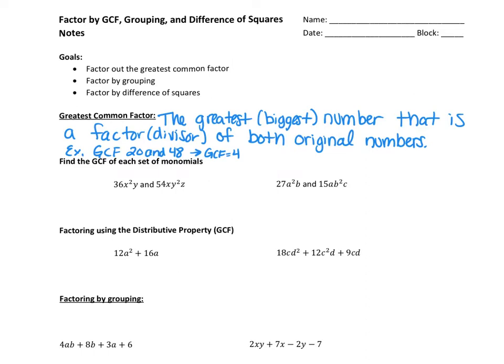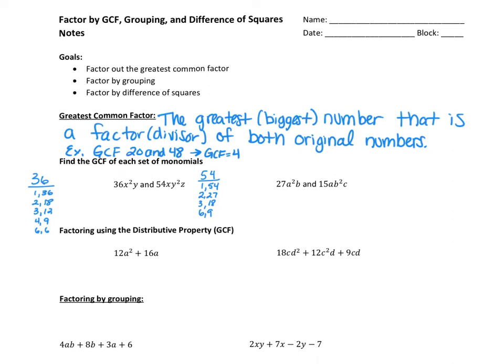If you're ever having trouble thinking of the greatest common factor, one trick that I use is I will make a little T-chart for each number. So if I have 36, factors of 36 are 1 and 36, 2 and 18, 3 and 12, 4 and 9, 6 and 6. Factors of 54 would be 1 and 54, 2 and 27, 3 and 18, I don't think 4 works, 5 doesn't, 6 and 9, and that's it.